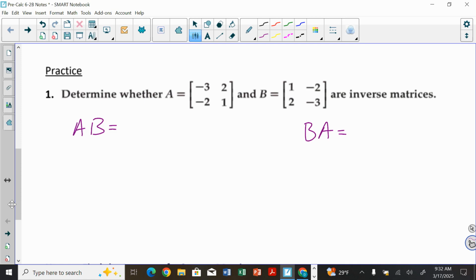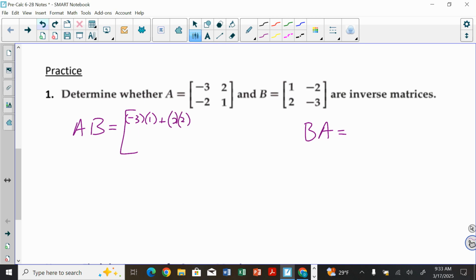So if we continue with this, A times B, going in that order, it'll be negative 3 times 1 plus 2 times 2, doing my matrix multiplication from section 6.2a, and I'm going to make that a little closer together just so I can save room. So negative 3 times 1 plus 2 times 2.